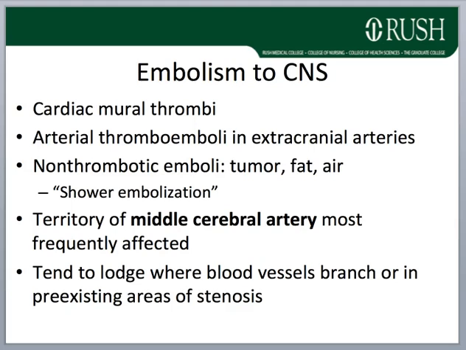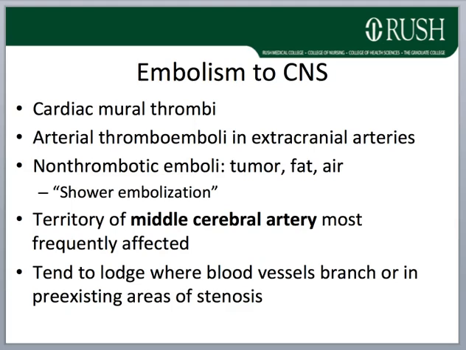Other sources of emboli include paradoxical emboli, particularly in children with cardiac anomalies, and emboli of other material, such as tumor, fat, or air. Shower embolization, as in fat embolism, may occur after fractures. Affected individuals manifest generalized cerebral dysfunction with disturbances of higher cortical function and consciousness, often without localizing signs.